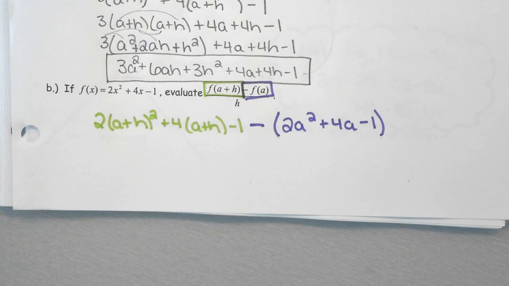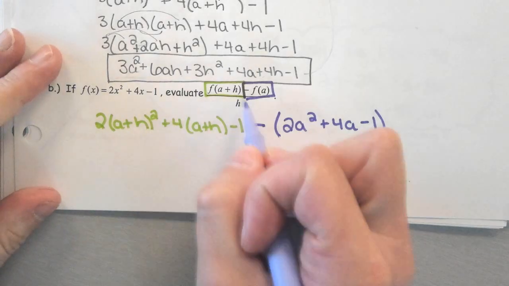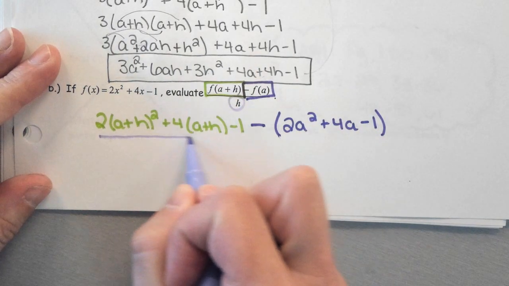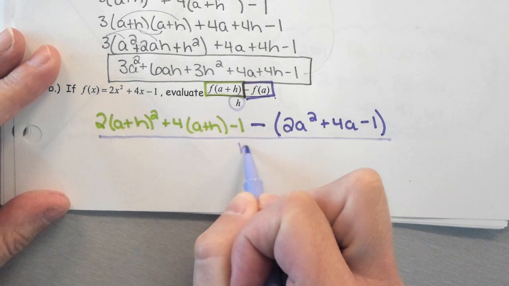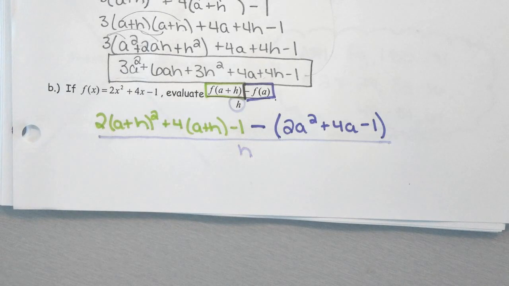So first I plugged in a plus h, then I plugged in a. And then do you see how it's just all over h? So it's just going to be this all over h. There's no spot for me to plug in h. It just would like an h please in the denominator, is what it's saying to us.